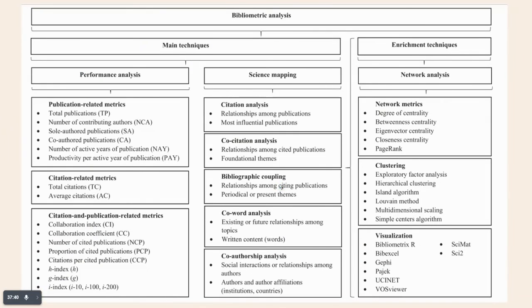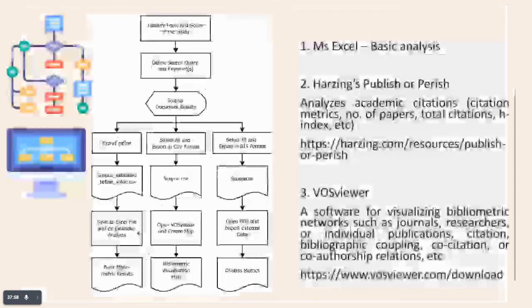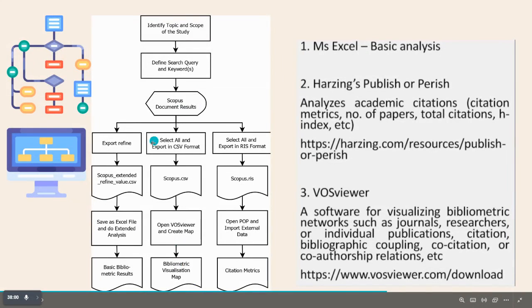Then I go back to the science mapping. We have citation analysis, co-citation analysis, bibliographic coupling, and co-word analysis. Basically we have five types of science mapping that you can do using the VOSviewer software. For doing that you have to follow the second step: select all and export in CSV format.